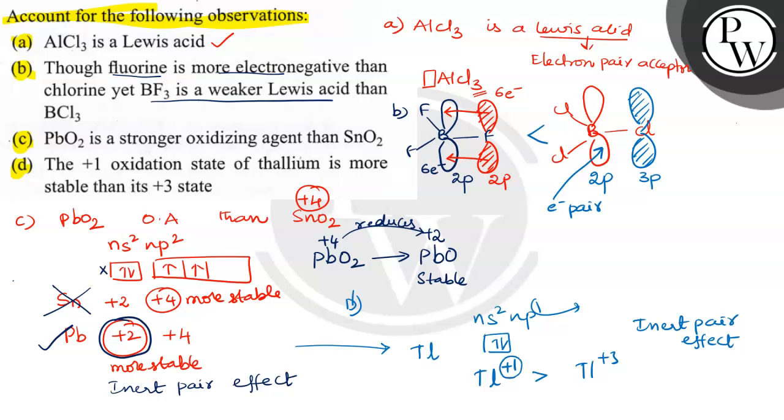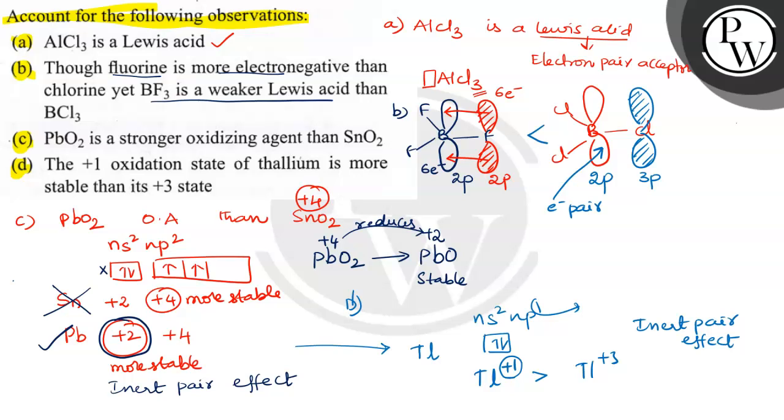What is the inert pair effect? Outermost s electrons tend to pair up and they do not involve in the bond formation. In case of large sized atoms of p block elements, it is one of the consequences of lanthanide contraction.